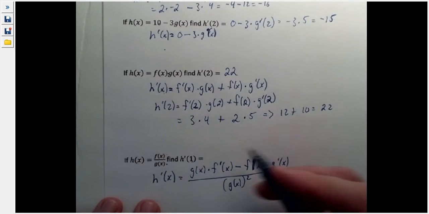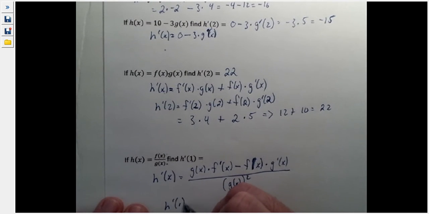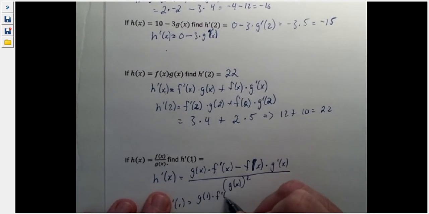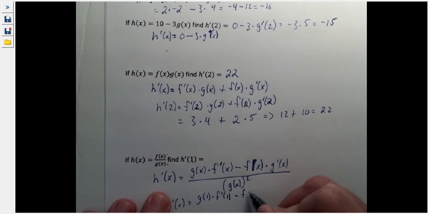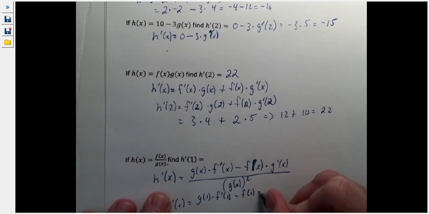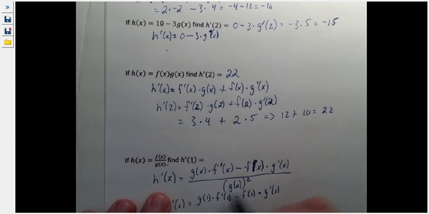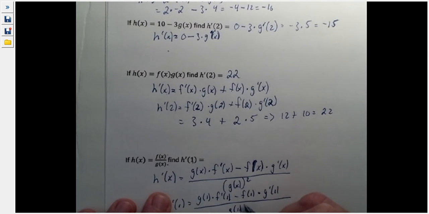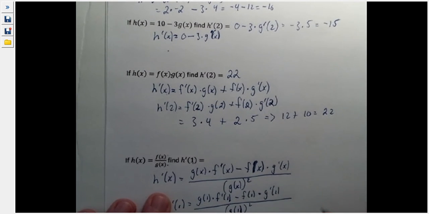Now we're plugging in 1, so h prime at 1 equals g at 1 times f prime at 1 minus f at 1 times g prime at 1, all over g at 1 squared.